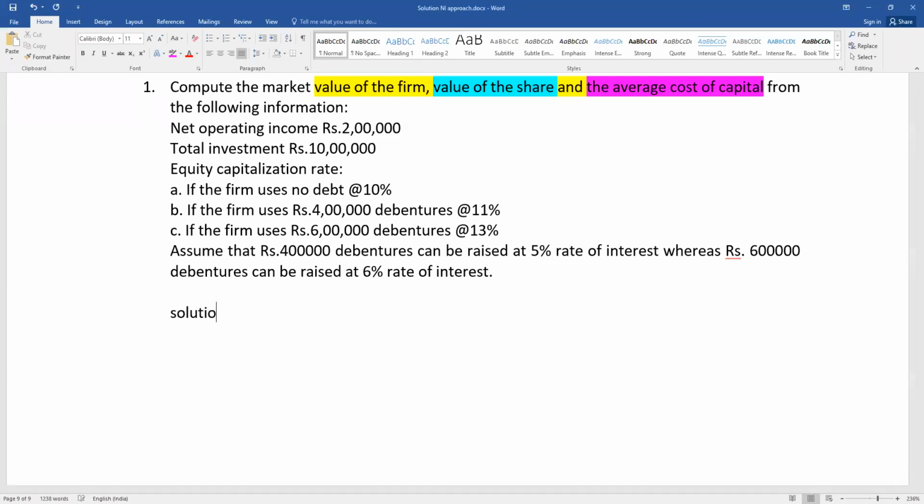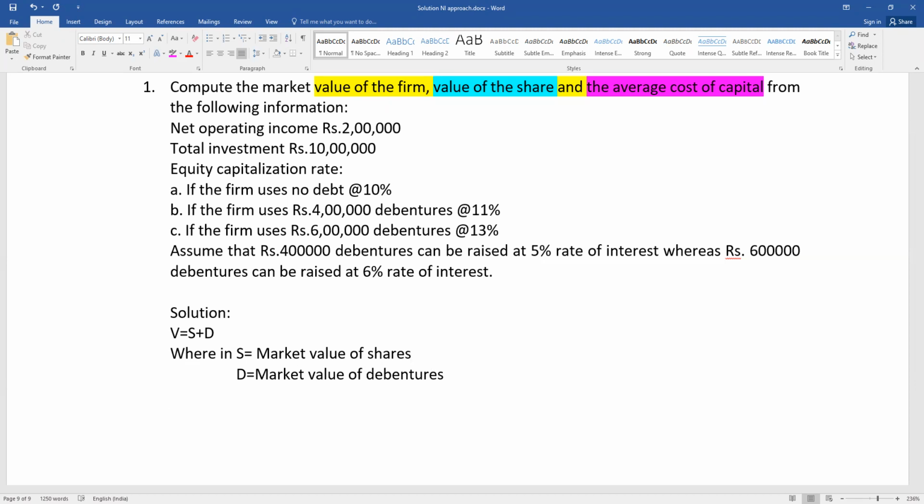So let us solve the problem, the solution. As they have asked us to calculate the value of the firm first. To calculate the value of the firm, the formula is V is equal to S plus D, wherein S is equal to market value of share and D is equal to market value of debentures.